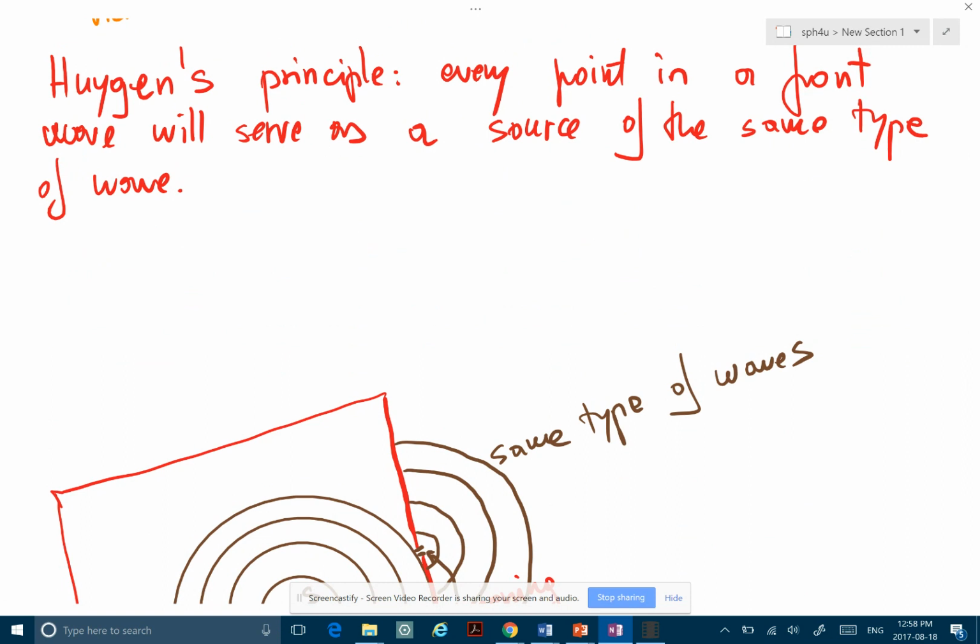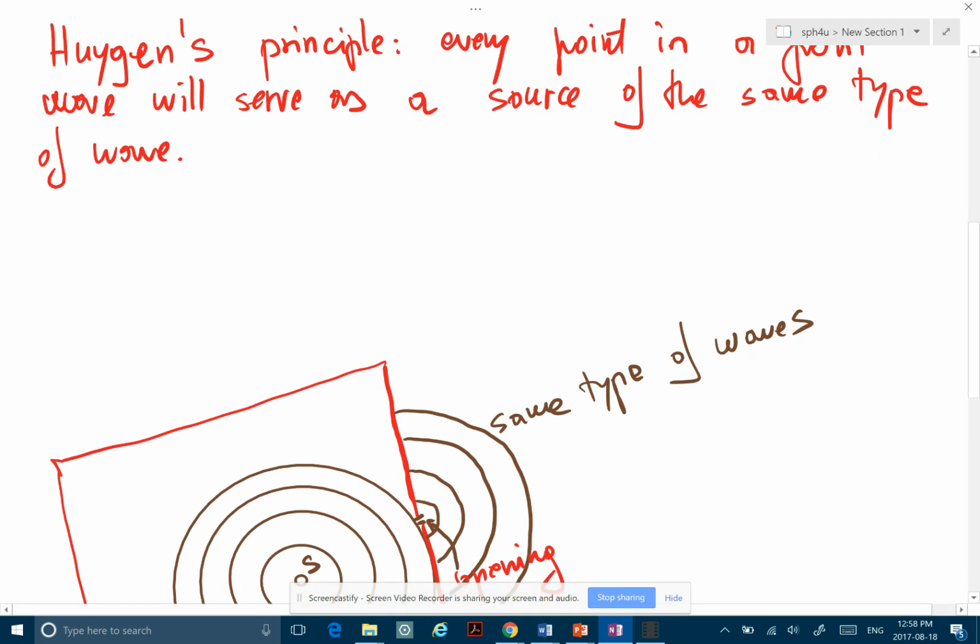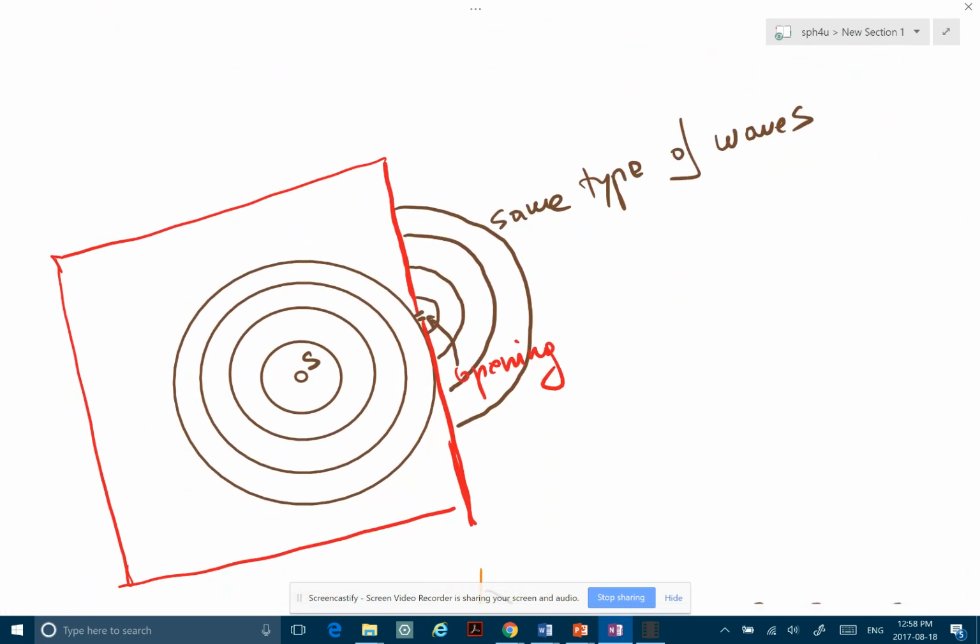As long as it is a wave, this is true, so it should be true also for light. And I said, how do we observe this? If we have an opening, as soon as the wave hits that opening, the wave will continue to propagate on the other side. Of course, not the same intensity, not the same amplitude anymore.